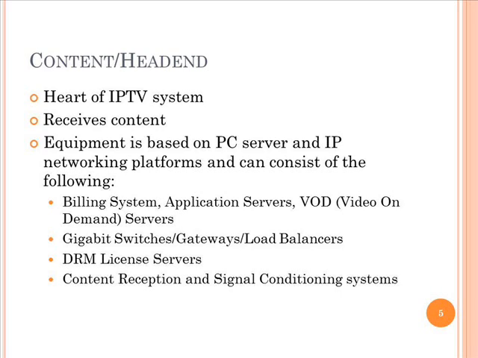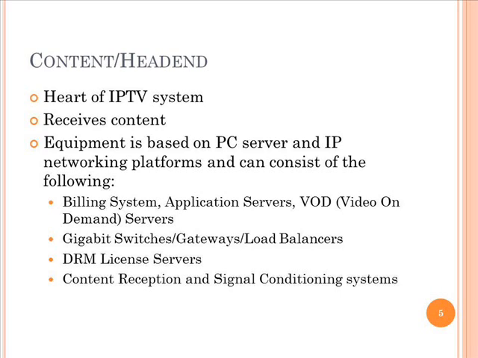Equipment is based on PC server and IP networking platforms, and can consist of the following: billing systems, application servers, video on demand VOD servers, gigabit switches, gateways, load balancers.